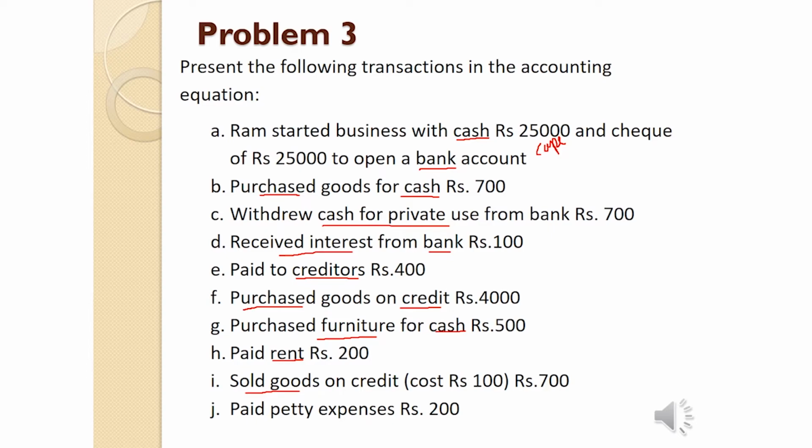Then petty expenses: petty expenses account and cash account. It will reduce the amount of capital. So this is the procedure for identifying the transaction. Then after identifying the transaction, which account is to be debited and which account is to be credited. That means under this modern approach, which value is to be increased and which decreased.